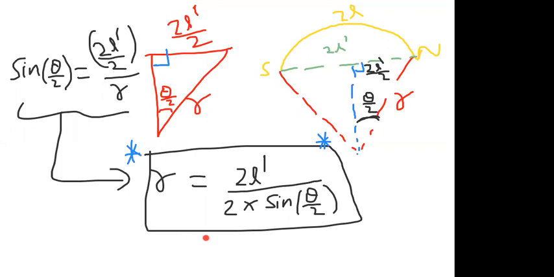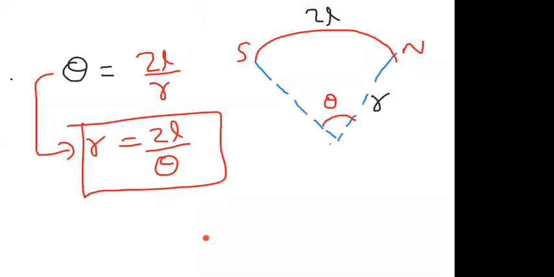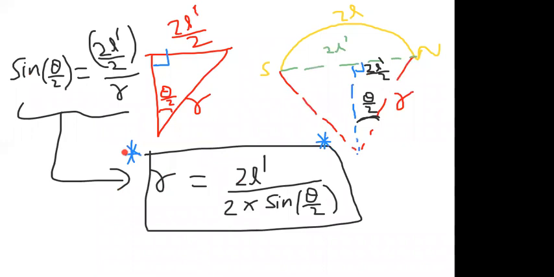Just now we already discussed the R value in terms of 2L: R equal to 2L by theta. And from the 2L dash information, I got R equal to 2L dash by 2 into sine of theta by 2.